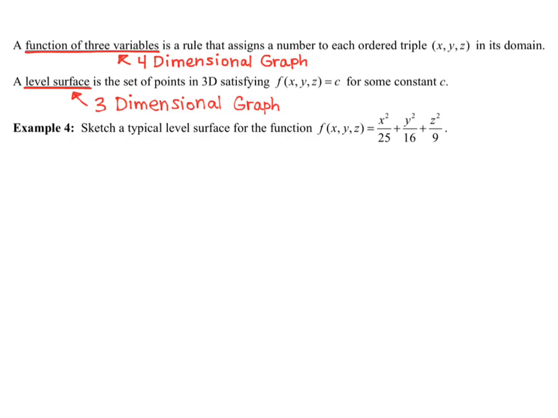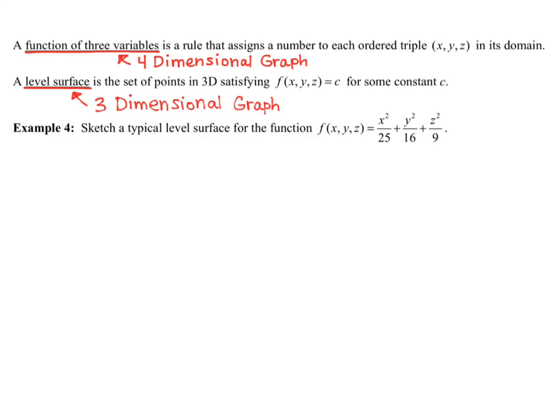Okay, here's our example that's similar to a homework problem. Sketch a typical level surface for the function f of xyz equals x squared over 25 plus y squared over 16 plus z squared over 9.